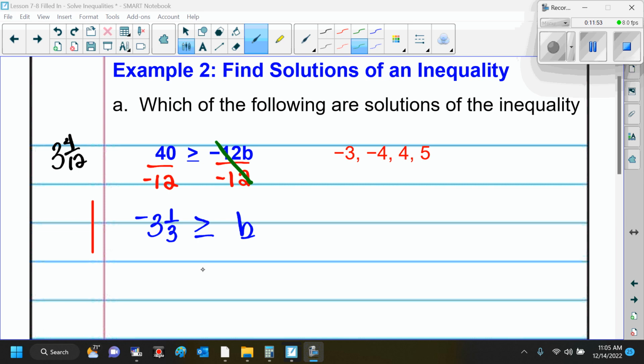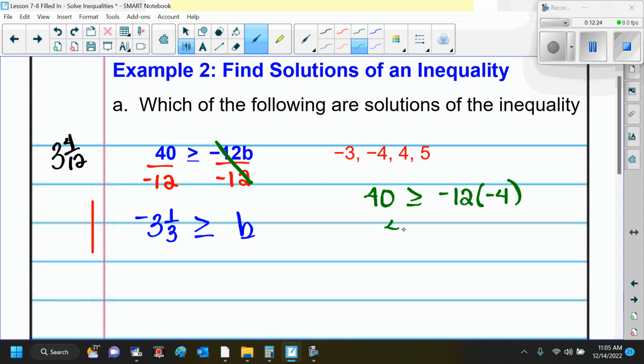So, according to this, I can choose b is less than or equal to negative 3 and 1/3. We said we're going to choose negative 4, right? So, if I put negative 4 into the original inequality, we have 40 is greater than or equal to negative 12 times negative 4.